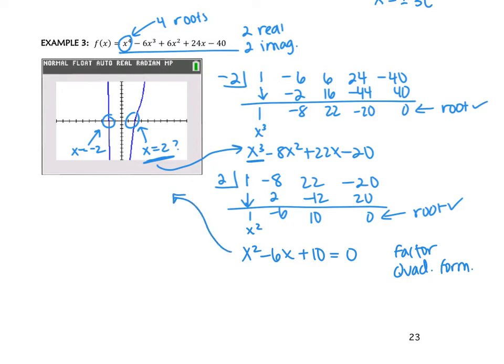I'm going to do that over here. So I get the opposite of b plus or minus the square root of b squared minus 4ac all over 2a. So this is going to be 6 plus or minus. Underneath the square root, I have 36 minus 40, which is -4.